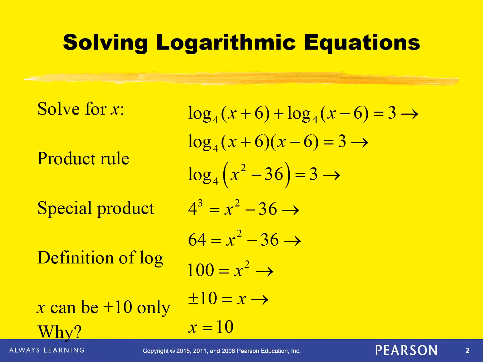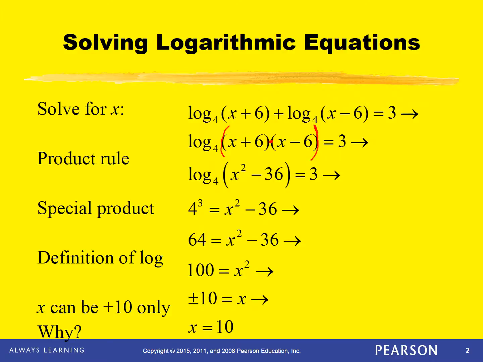To recap, these are the moves that were made. We used what's called the product rule, which I call the log of a product is the sum of the logs. I like to write that in words. Now, got to be careful, because what we really mean by this left-hand side here is that the argument of the logarithm is now a product.